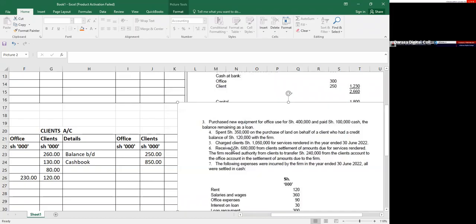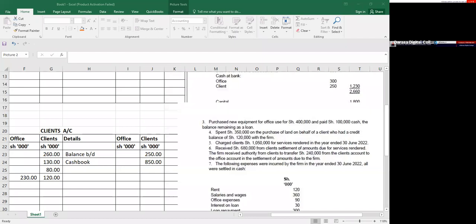With the amount that we charge, we are going to debit our client's account, office column, and we credit our fees account. Remember, you are looking at the journal entries that we had prepared earlier on.